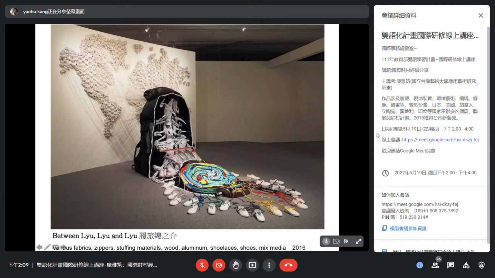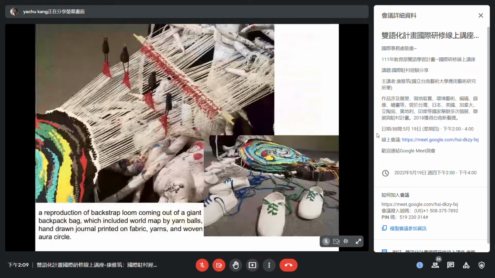I created a giant bag sculpture with something coming out like a skeleton of a human body and a weaving loom. You can see from this image, I used a lot of shoelace to weave this tapestry.